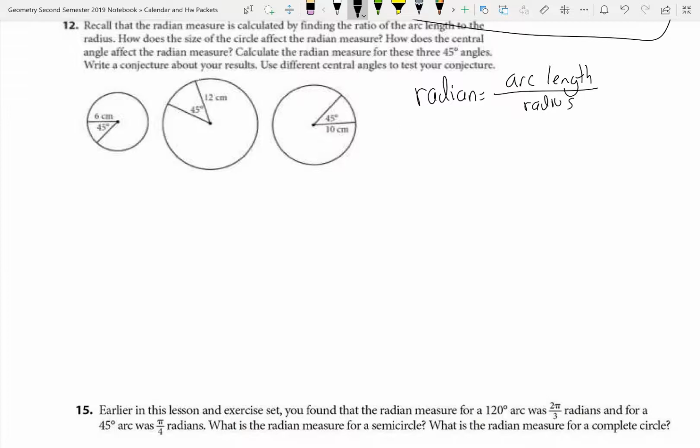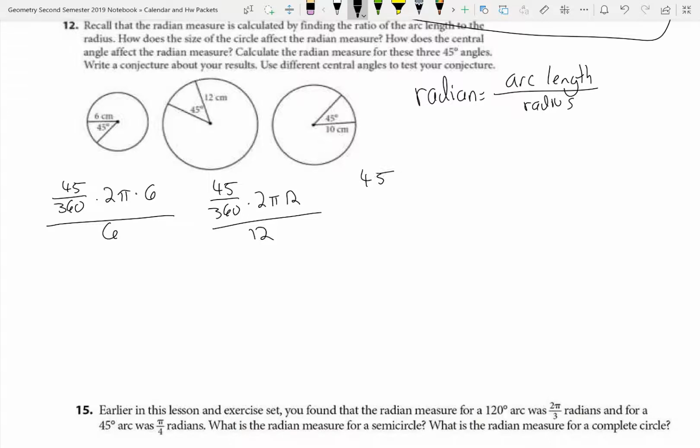And so that's going to be 45 over 360 times 2 pi r, divided by r. Same for the other two circles.